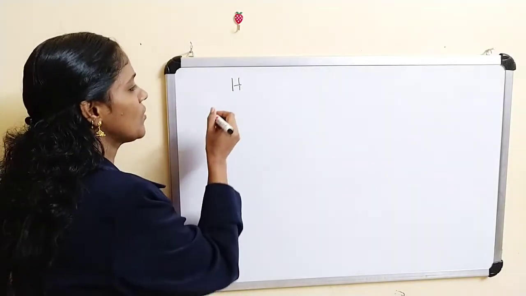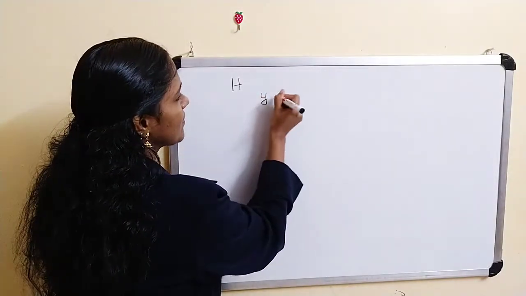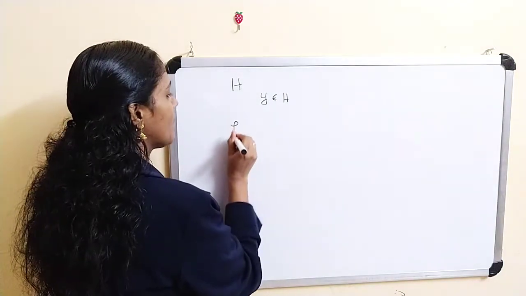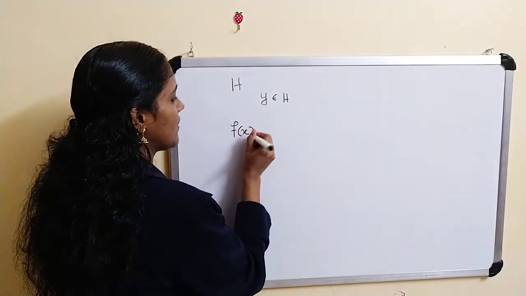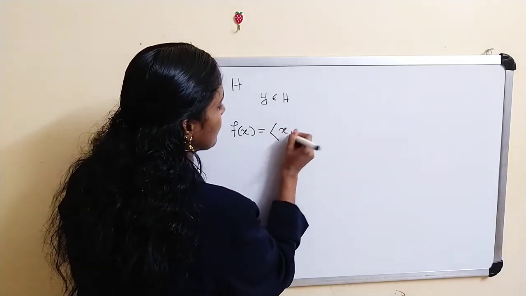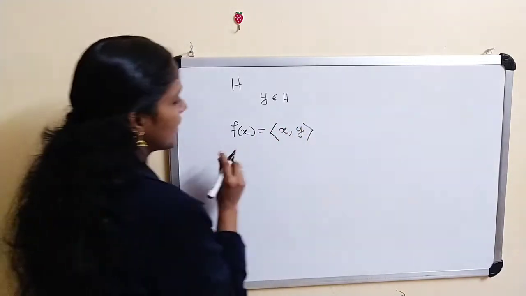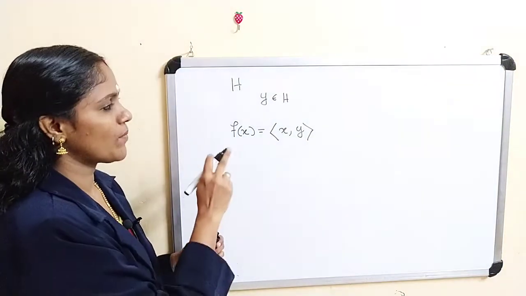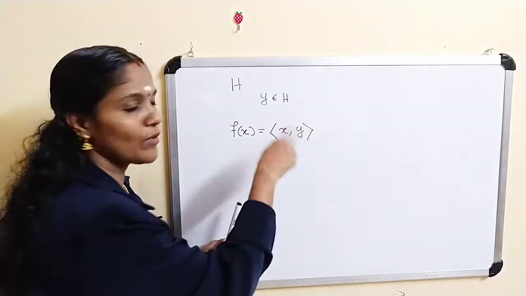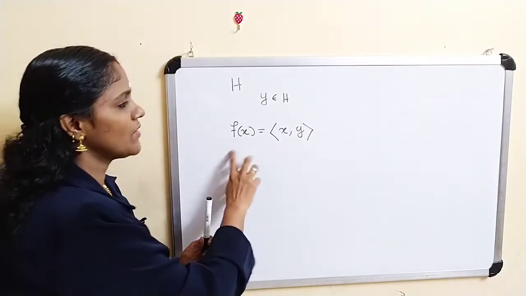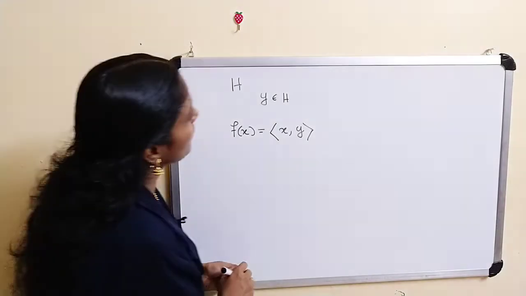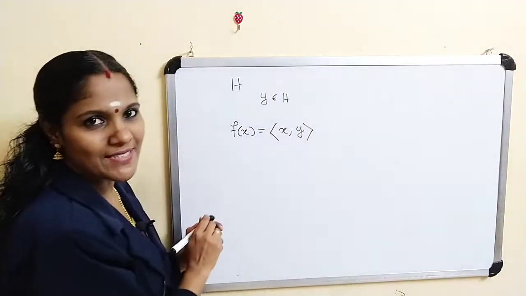So for any fixed y, fix some y belongs to H, and define f of x equal to inner product of x, y. Inner product is clearly a value belonging to R or C. Therefore this function is a well defined function. Now what about y? y belongs to H.